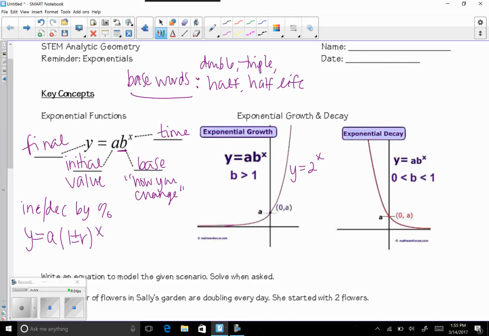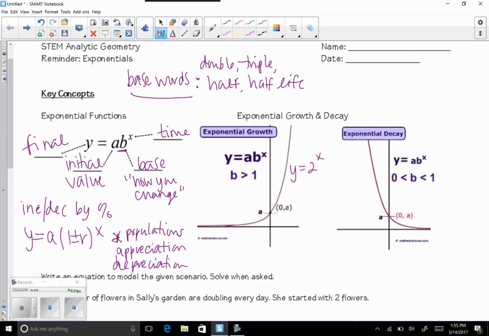If you increase by a percent, it would be plus. If you decrease by a percent, it would be minus. A lot of times, this is used for populations, appreciation, meaning an increase in value, and depreciation, a decrease in value, like the value of a car. So the car value over time is going to depreciate, meaning go down by a percent.